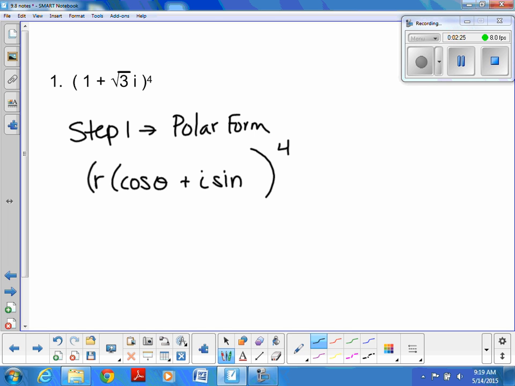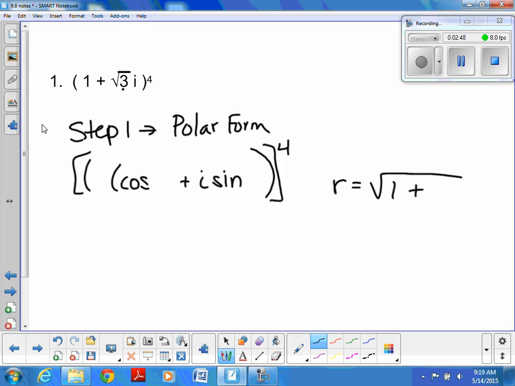I'm just going to leave the theta and the r blank and fill them in. All of this needs to be raised to the 4th power. So, in order to figure out the r, isn't the r the square root of a squared, which is 1, plus y squared, which is the square root of 3 times the square root of 3, which is 3? And 1 plus 3 is 4, and the square root of 4 is 2. So we have a 2 out here.